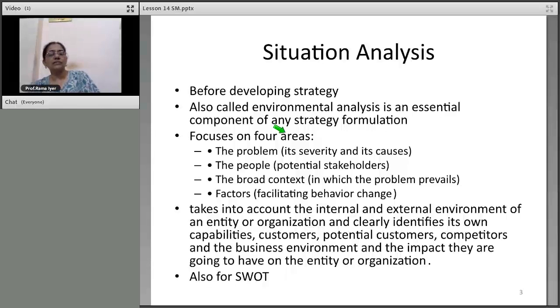Isn't it obvious? So there is a problem. The problem, its severity and its causes. The people, the potential stakeholders have to be looked at. What is the broad area within which this problem exists, and you have to facilitate behavioral change.